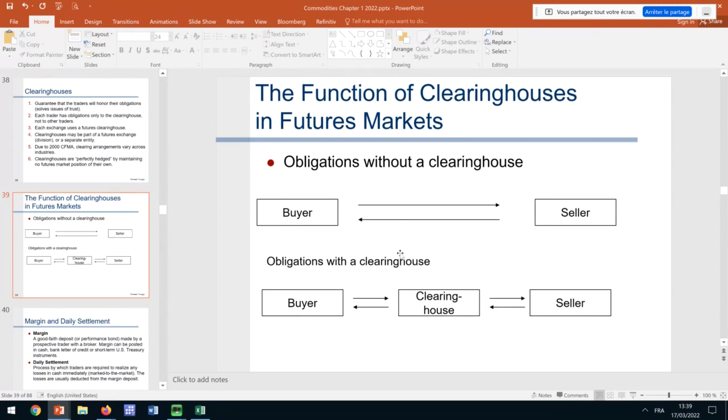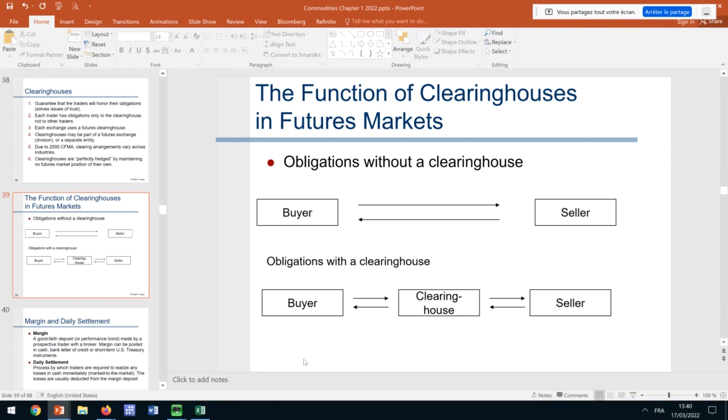In a forward transaction, the buyer negotiates directly with the seller, and whenever one of these parties defaults, doesn't deliver or doesn't pay, the risk is directly on the other party. If you are trading on a futures exchange, the clearinghouse gets in between the seller and the buyer, and the clearinghouse keeps enough money to make sure that if the seller defaults, the buyer can still get his money. This makes it much simpler to trade for the different market participants.